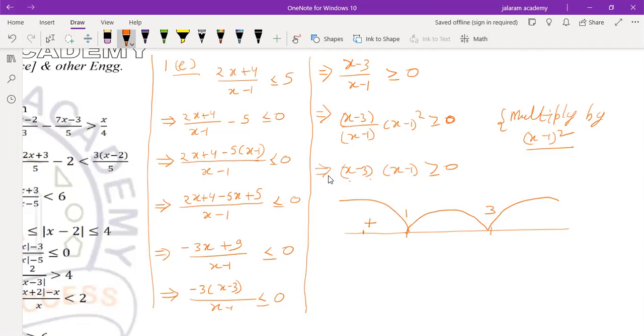Now always remember a rule. Whenever there are two factors, like x minus 3 into x minus 1, it always starts with plus.